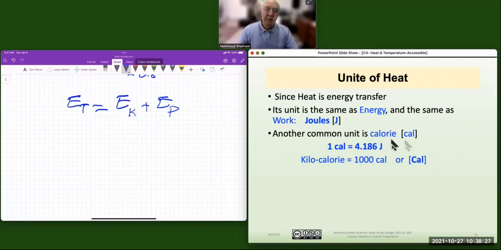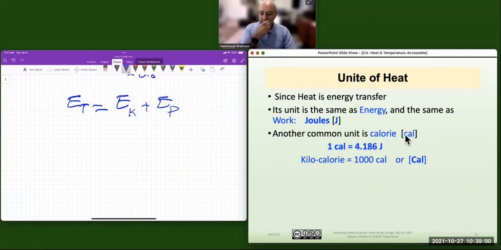We also use a different unit for heat when we deal with things that we eat or consume, and that's called calorie. The conversion factor is 1 calorie is 4.186 joules. So you want to keep that in mind and use it whenever appropriate.